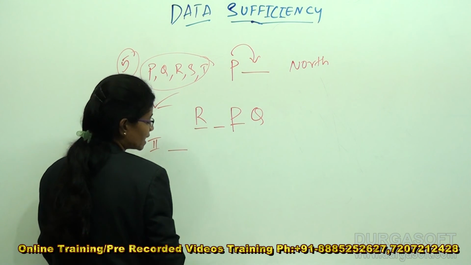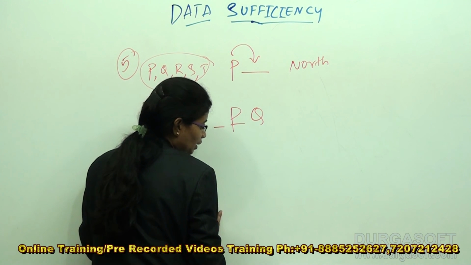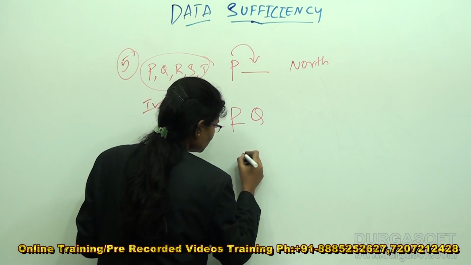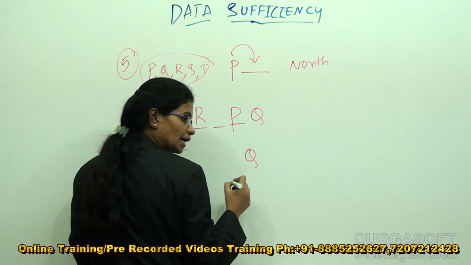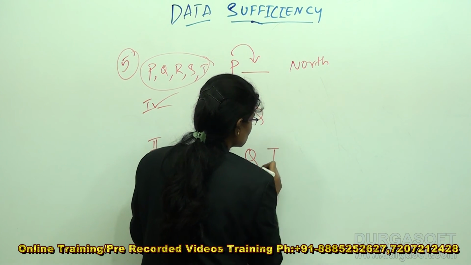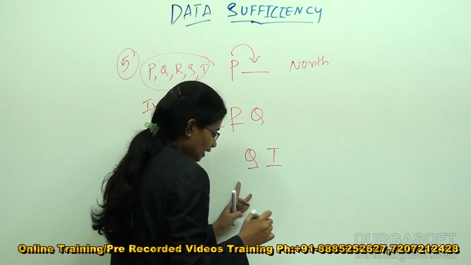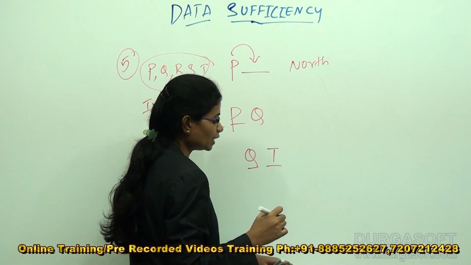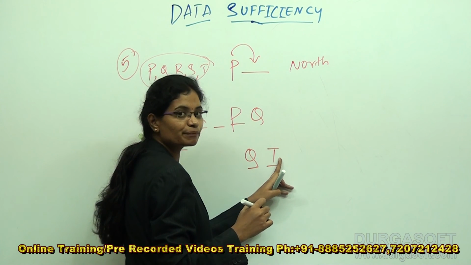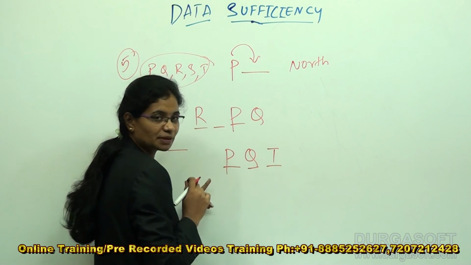What is the second statement? Q is to the immediate left of T, in the sense T's left. Then who is second to the right of P? P's right side, second place. That means P will be occupying this place.